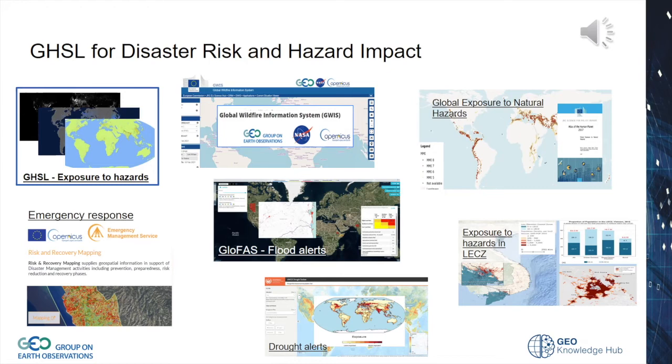For example, the Copernicus Emergency Mapping Service, the Global Wildfire Information System, and the Global Disaster and Coordination System. The Global Flood Alert System and the Drought Toolkit also use the settlement layers to generate flood and drought alerts. Settlement layers have also been used to assess exposure to hazards in low elevated coastal areas.